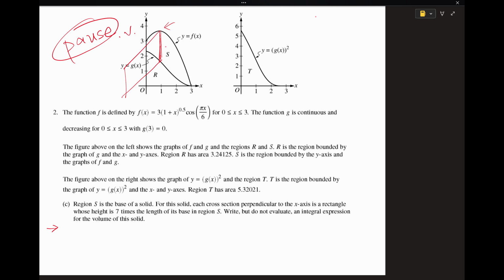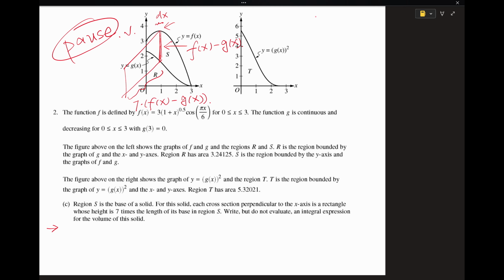And the length of the base would be, as we know from the previous questions, f(x) minus g(x). So the height would be 7 times f(x) minus g(x). Again, we know that the width of this slice would be dx.